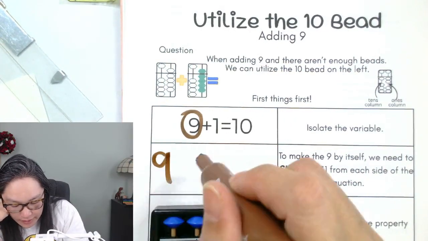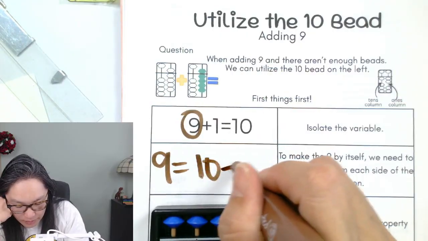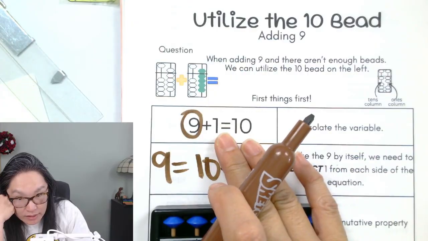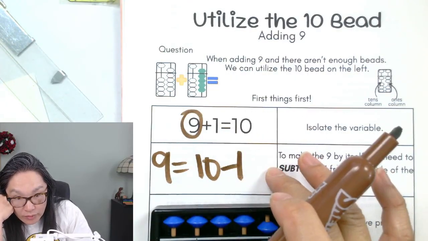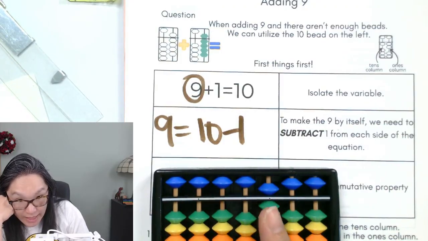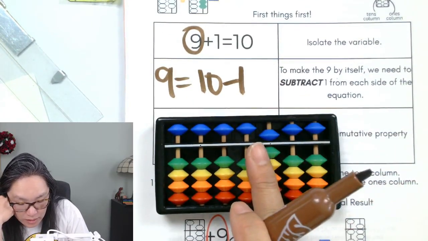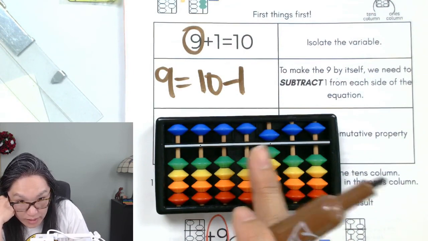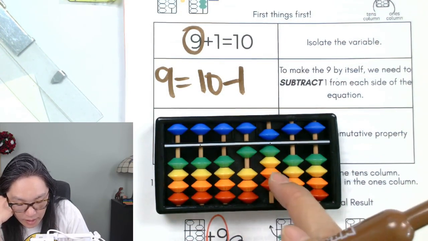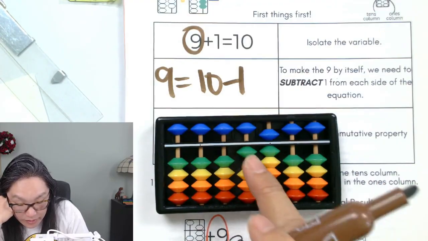So 9 equals 10 minus 1. Because if I just take the 10, if I just make it equal to 10, that's too much, so I need to minus the 1. So I will need to plus the 10, right? We know when we add the 10, it's a 1 and a 0. So we're going to do plus the 10, plus the 1, and minus the 1. So my final answer is 18.